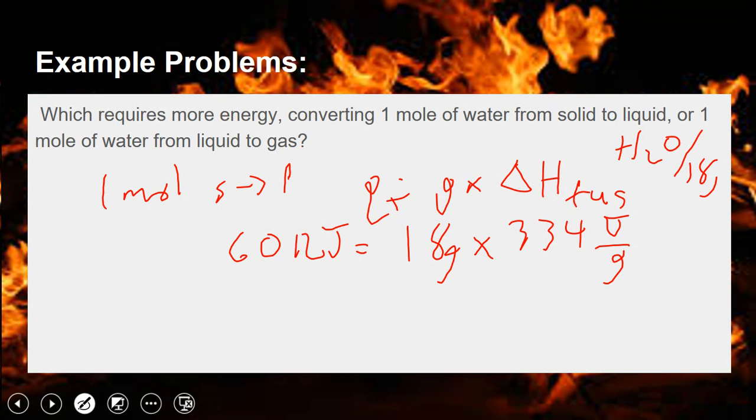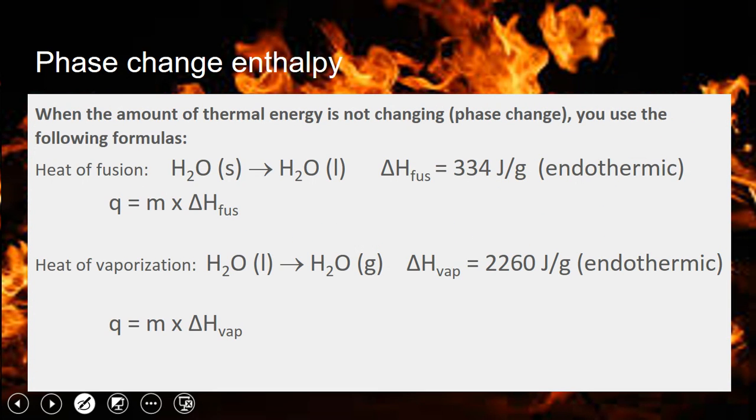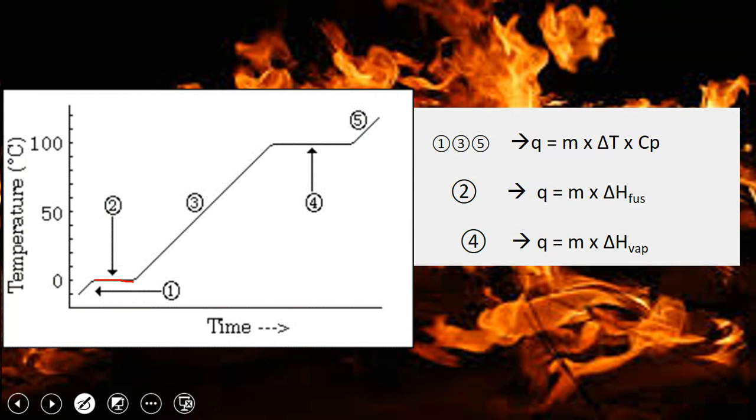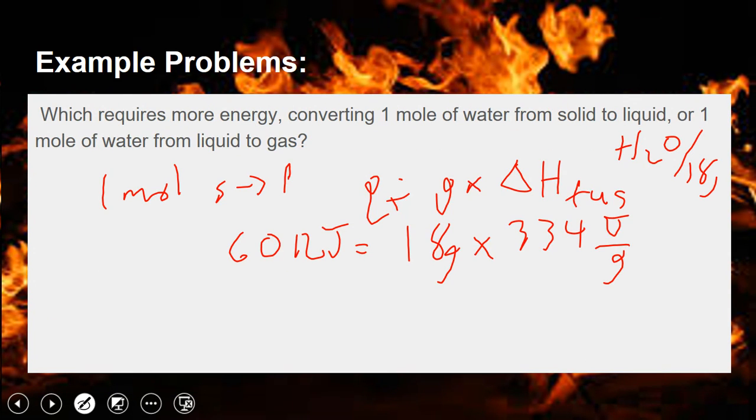To go from liquid to gas, now we're going to need the heat of vaporization, 2260, because we're talking about this part of the graph up here. That's where liquid becomes a gas, and that's part 4. And part 4 is going to need the heat of vaporization. So 18 grams again times 2260 joules per gram.